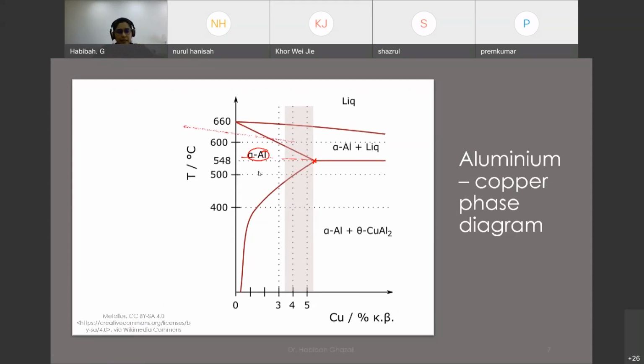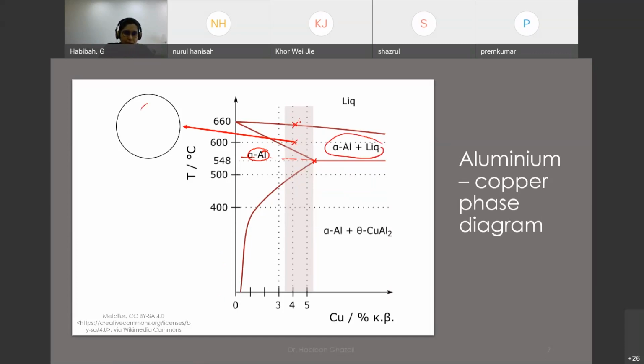I will take an example of aluminum with 4% copper. When it solidifies, once it reaches that point, alpha solid solution will start to precipitate. At this point we have alpha and liquid phase.